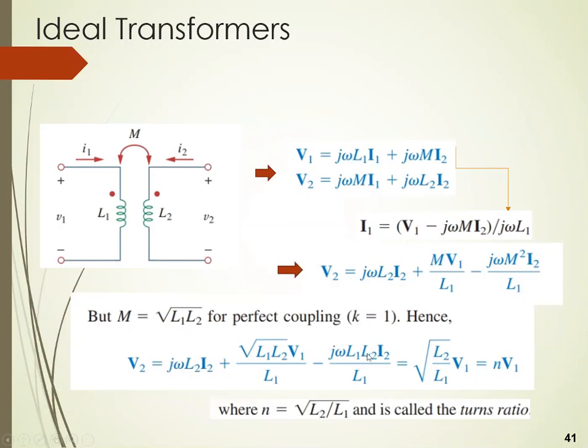So if you multiply both sides by L1, you get L1 here, and you also get L1 here, over L1, because everything will be under L1.